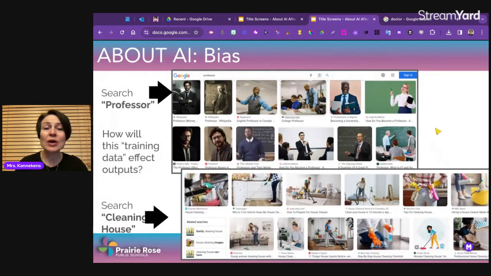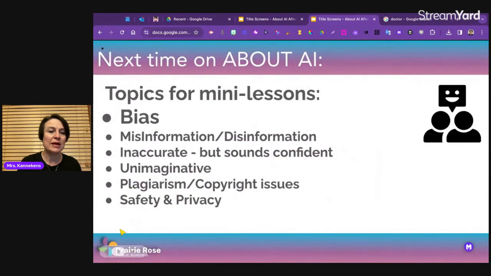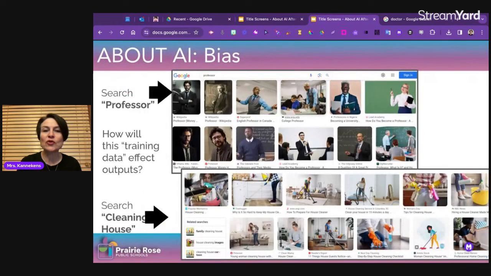All right, welcome back. I'm very interested to know what you talked about and how your discussions went and what you learned about bias. Did you search for professor? We'll go back a page. Did you search for professor and notice that almost all the professors listed were male? Did you notice, it depends on which search engine you look, but oftentimes they're even older males, sometimes with wild hair.